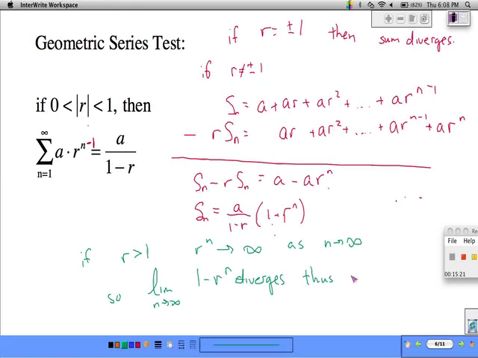Thus does our sum rule. And the rest of this proof for negative r's would be along much the same lines.